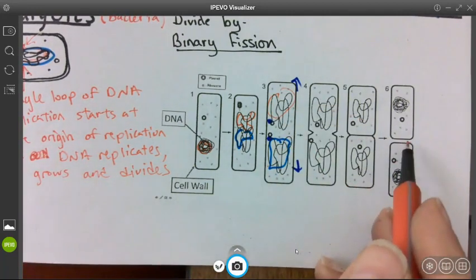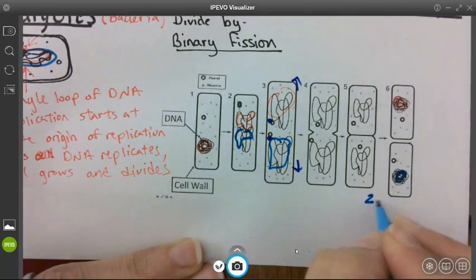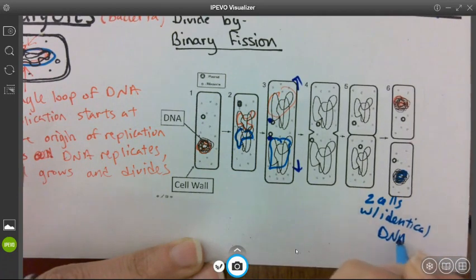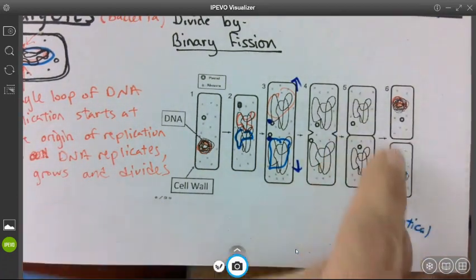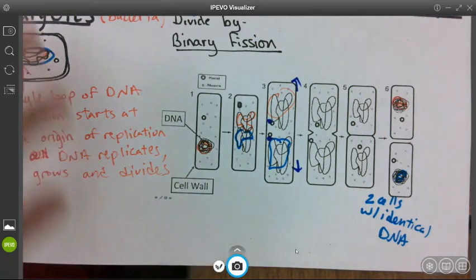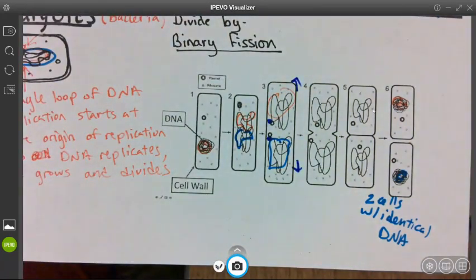And again, you have the cell wall forming. And then in the end, you have two cells with identical DNA. And this is a little bit more straightforward because you only have to separate this one chromosome, not multiple chromosomes. That ends this video. In the next video, we'll talk more about eukaryotic gene regulation, although bacteria regulate their replication as well.